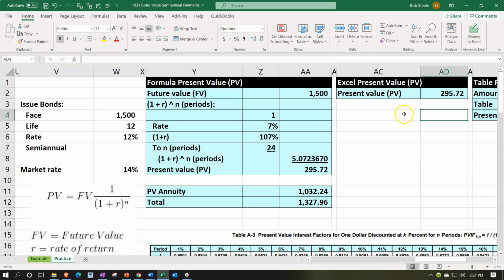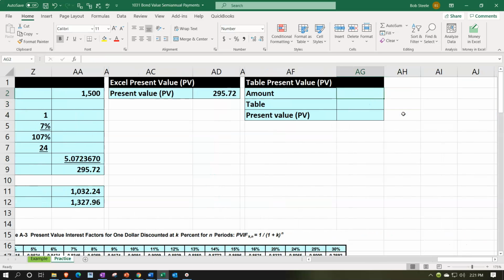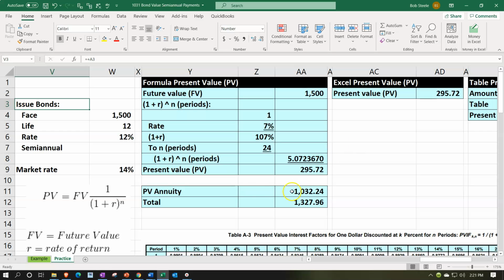Now this one, let's move on to the tables here. We're going to go over to the tables and make sure that we pick up the proper amounts. The amount's going to be that 1,500. Making sure we've got the right table, present value of 1 this time. The rate is going to be the market rate, but that's the yearly rate, so I'm going to divide it by 2 for the 7% rate per period, per 6 months. And then the life is 12 years times 2, which would be 24, because it's every 6 months.